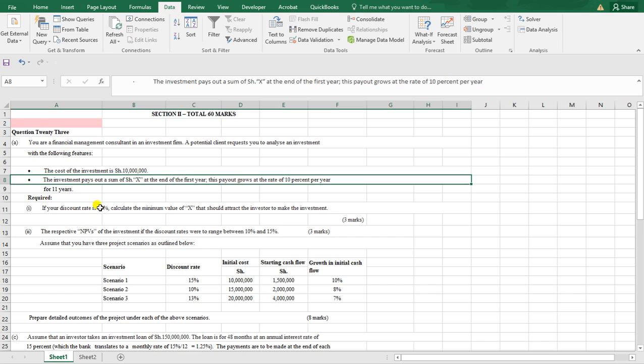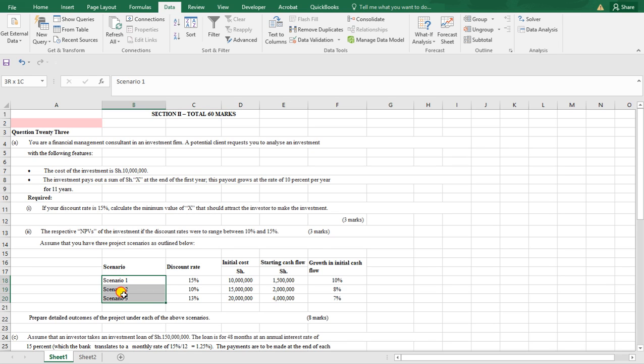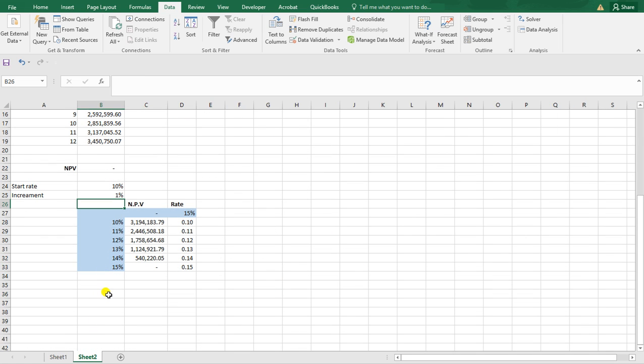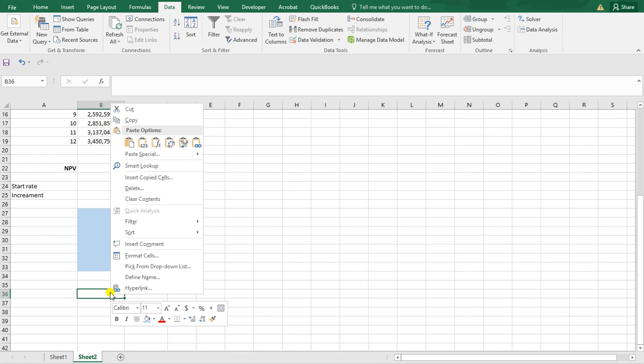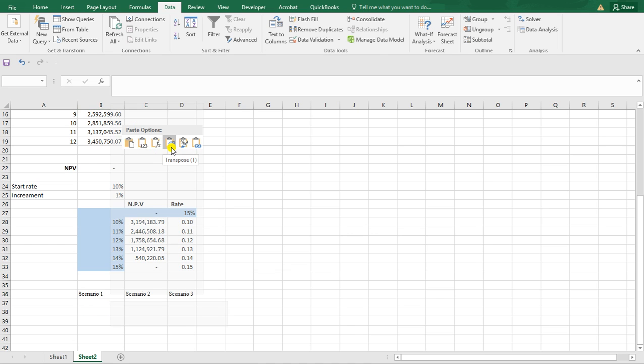So these are what Mwalimu is going to do. We are going to have these scenarios. So basically, I'll take scenario 1, 2, 3. So in our case here, I can align them, like you're having basically scenario 1, 2, and 3.